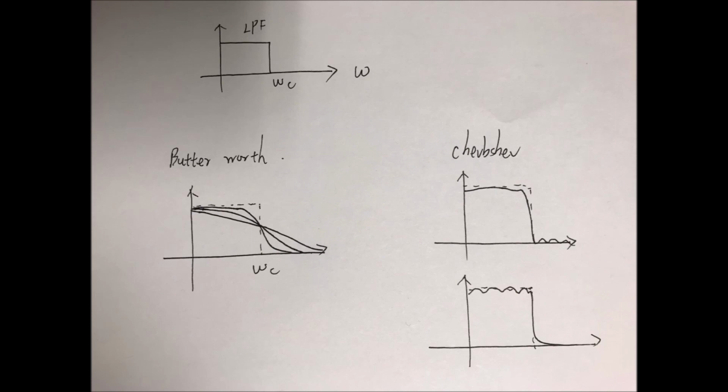So you may hear about different filters in analog circuits, like Butterworth filter, Chebyshev filter, elliptic filter. So, different filters. However, there is nothing like this ideal one. The simplest one may be Butterworth.